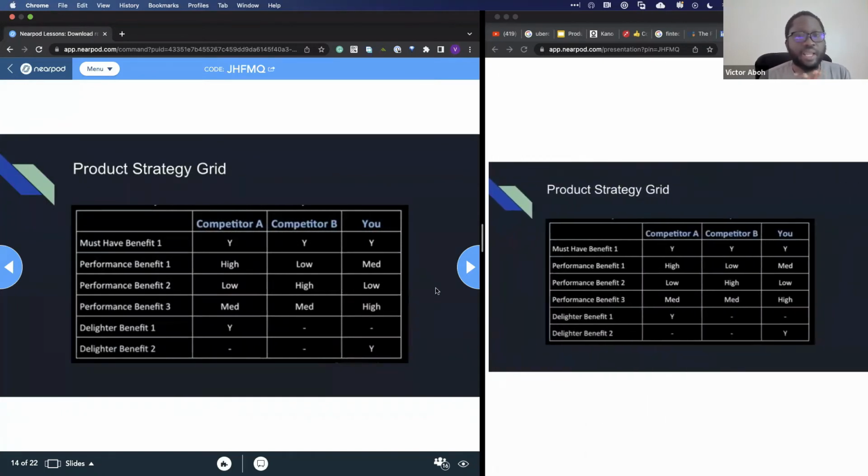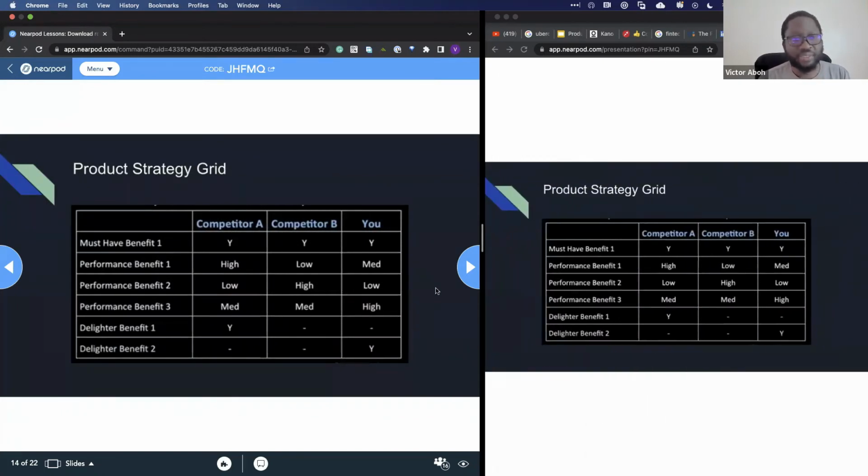Okay, so I mentioned that we're going to put all of this in a grid. This is a template for how you can analyze your competition and what separates you from the competition. For example, we talked about the must-haves, your performance benefits, and your delighters. Again, this is simplistic.